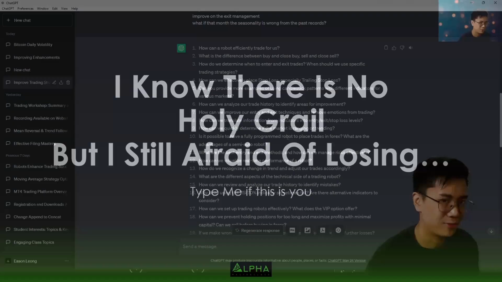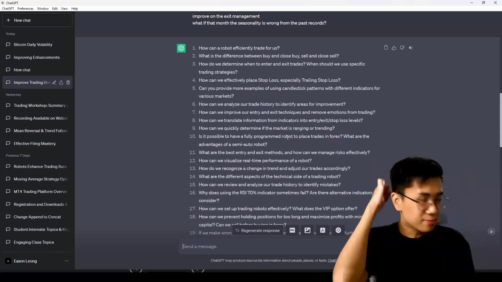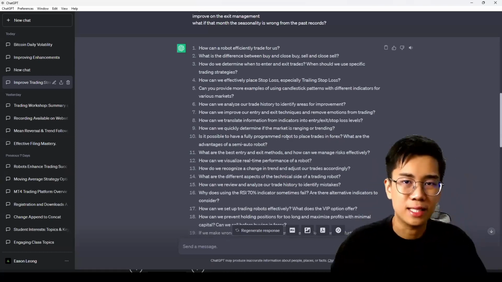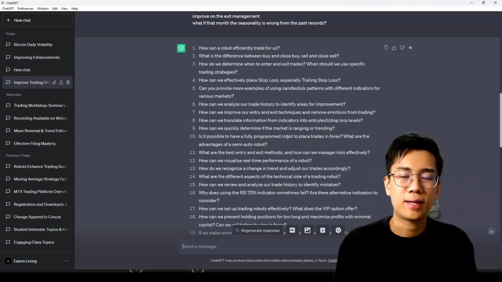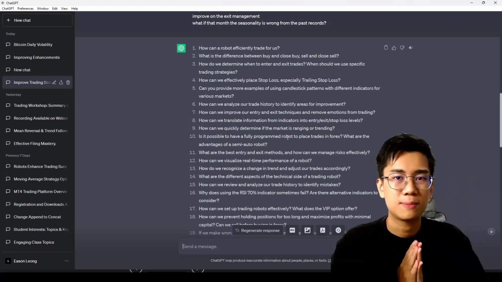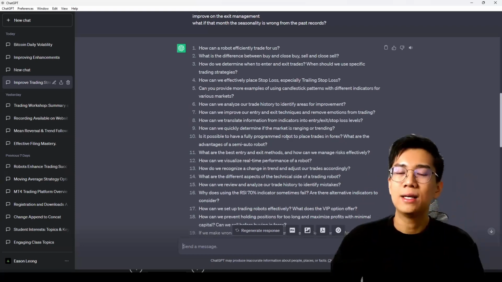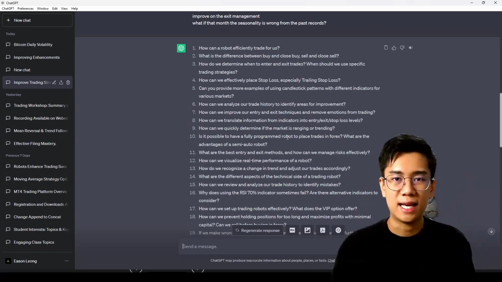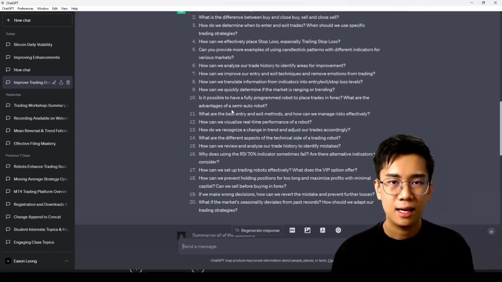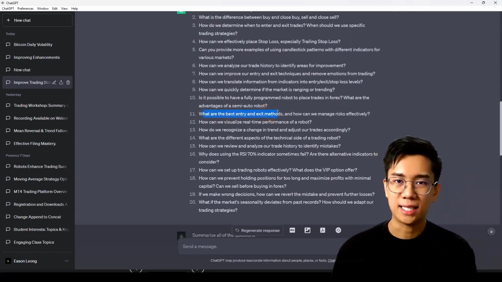Like what I see from here is: how can the robot effectively trade for me? Can you provide more explanation about candlestick patterns and different markets? Can you explain how to determine the exact time to enter and exit? What is the best entry and exit method?